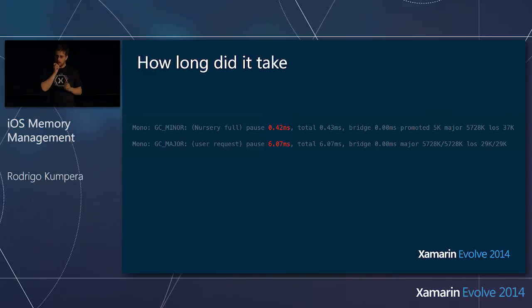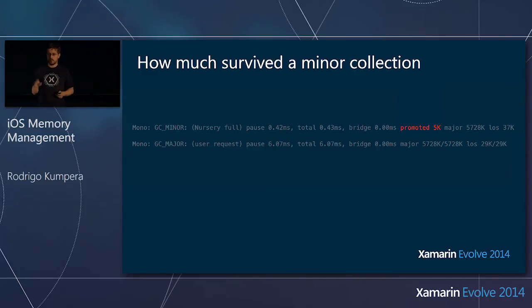Don't try that. Next thing, the amount of objects that got promoted. As I told you, when we run a minor collection, we take those baby objects and move them to the major heap. This tells you the natural cadence of major collections.